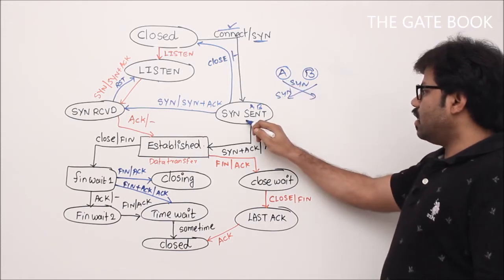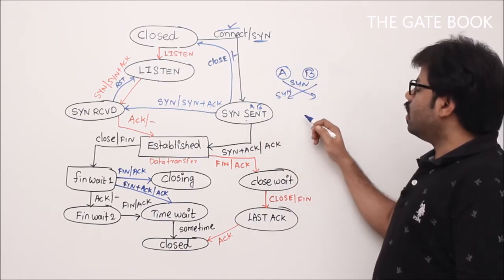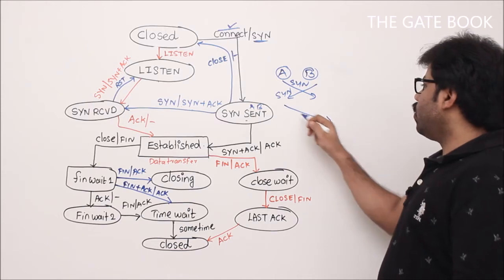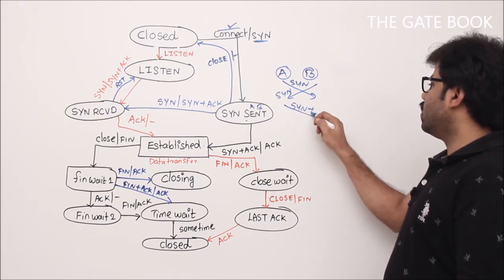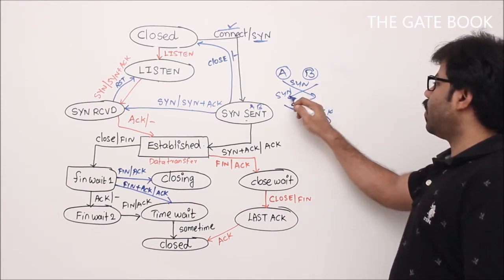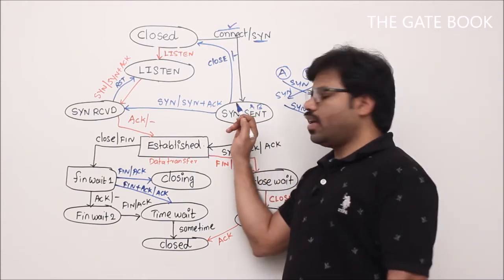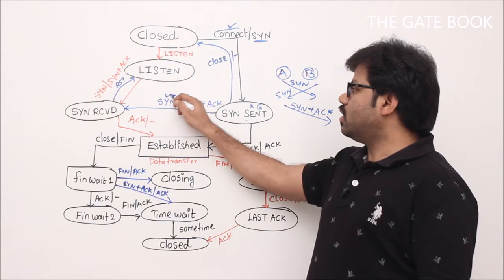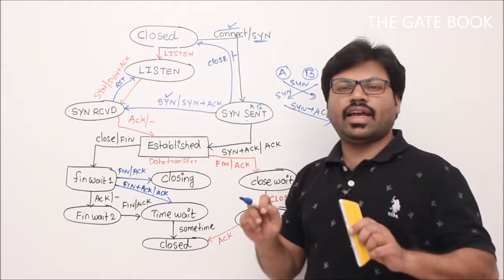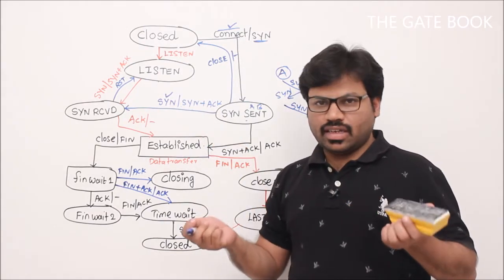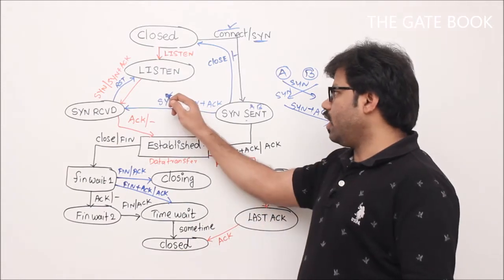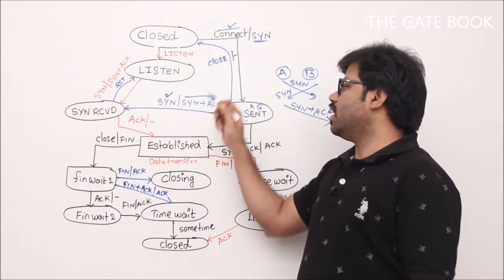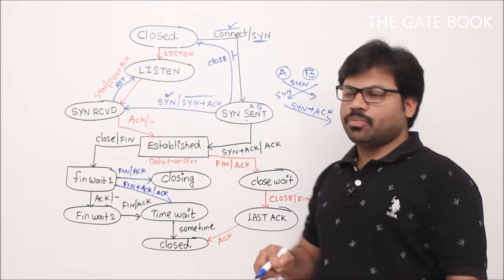Now let's focus on A. A is in the SYN sent state in this model. Then what is going to happen? It is going to send SYN plus ACK whenever it receives a SYN packet. So when you are in SYN sent, this kind of unusual thing happens: when a SYN arrives, I can understand that it is a simultaneous request possibility, so SYN plus ACK is immediately sent.